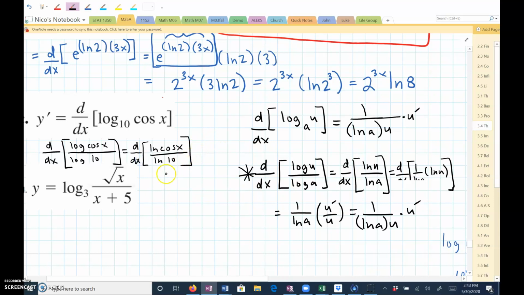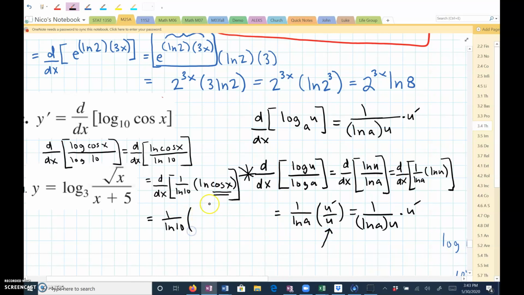And then you can think of this as being the derivative with respect to x of a constant, 1 over the natural log of 10, times the natural log of cosine of x. And now I can take the derivative. So the constant is going to be out in front, 1 over the natural log of 10, and then the natural log of cosine of x, this would be the u prime over u.